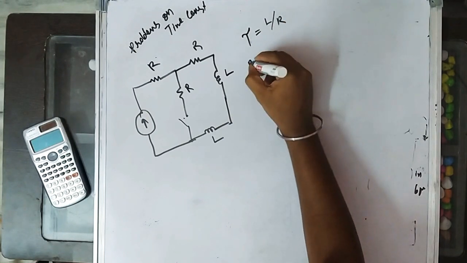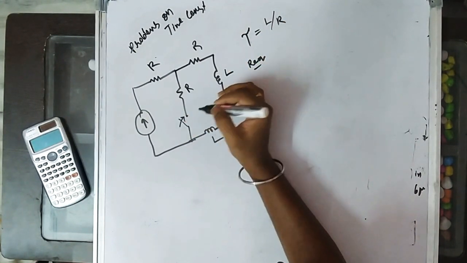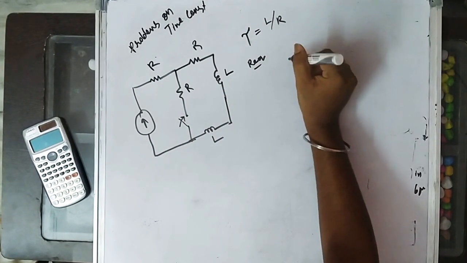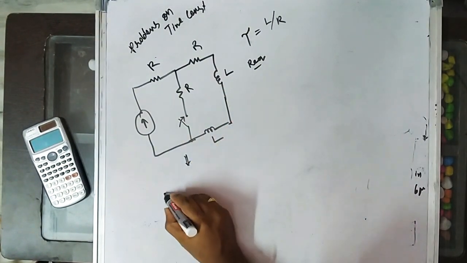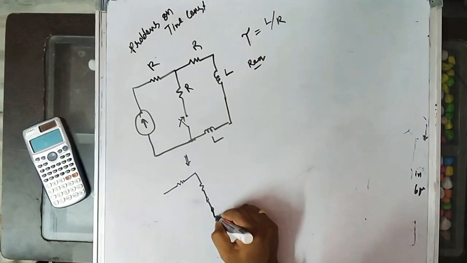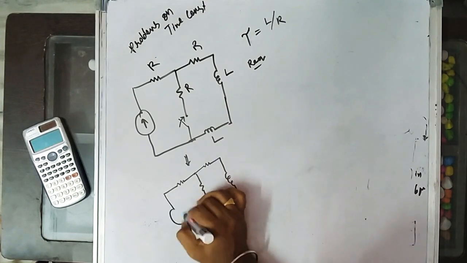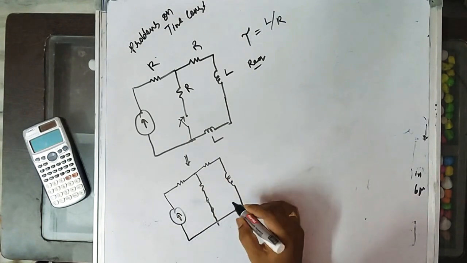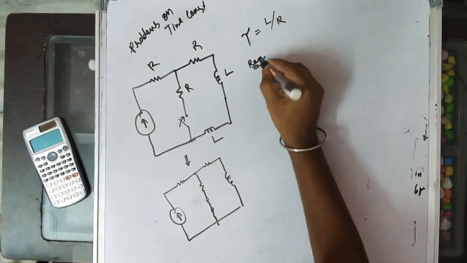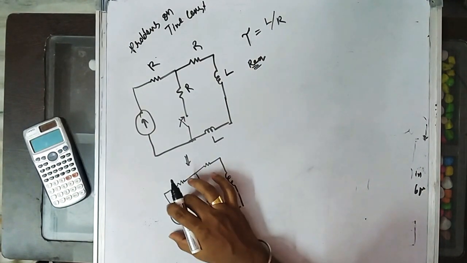Now for finding R equivalent, you assume that the switch is closing. After the switch is closed, the circuit will be in this form. To find R equivalent, you need to remove this inductor and turn off the current source.